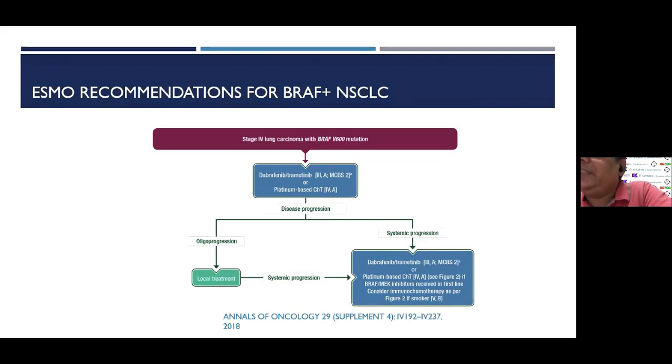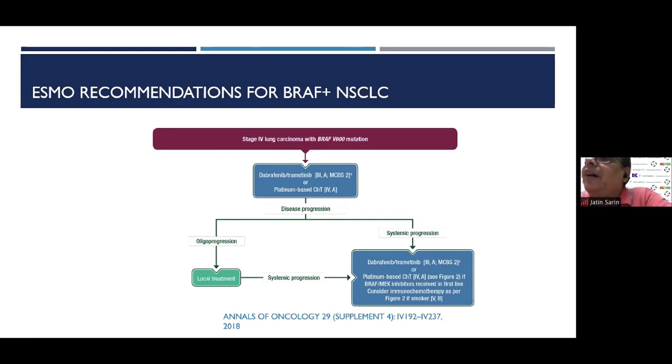Like, when EGFR inhibitors came in the beginning, whenever there was oligoprogression, you were told not to stop EGFR inhibitors. You should continue with the EGFR inhibitors, and only when there is a progression which mandates urgent treatment or immediate response, then you switch to chemotherapy.